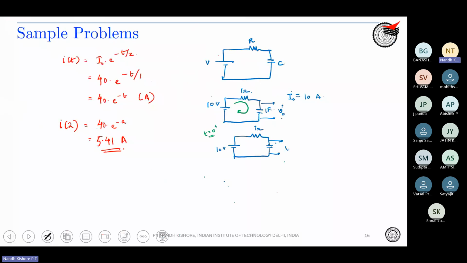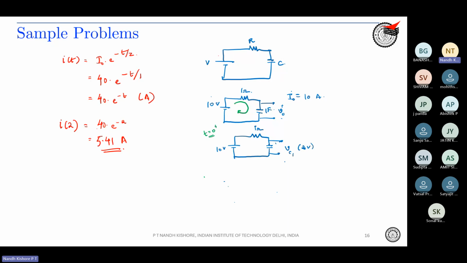Now there will be some voltage VC1 across the capacitor, because some current has flowed through it. Agreed? If I pass a current through a capacitor, the capacitor charges up a little, and therefore a voltage builds up across it. Let's say this is now 2 volts.